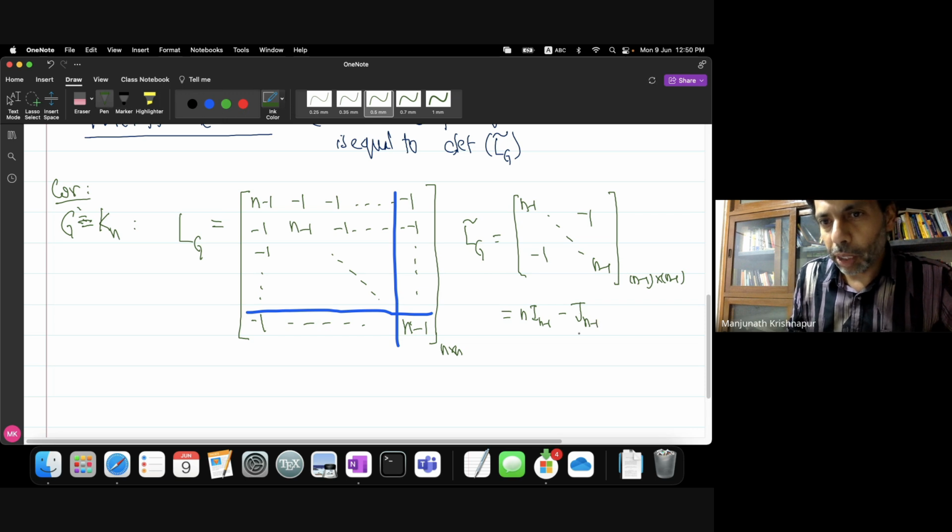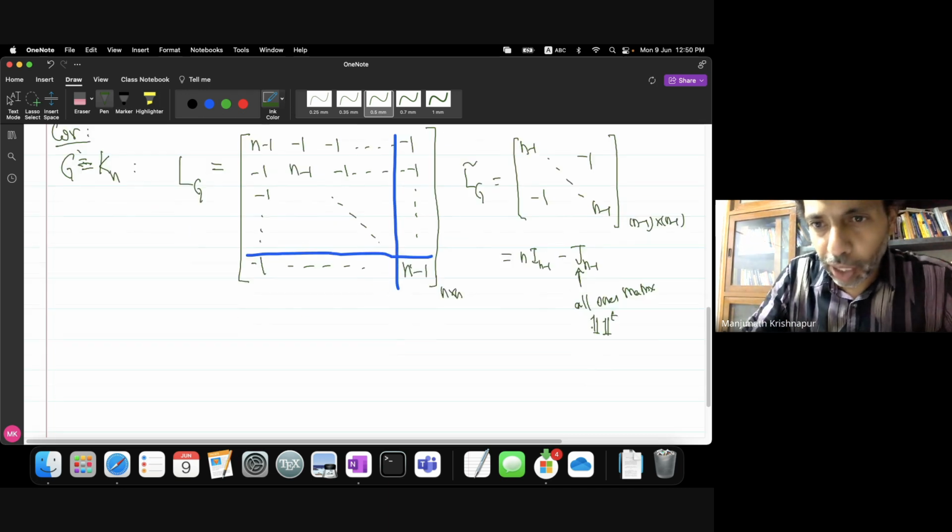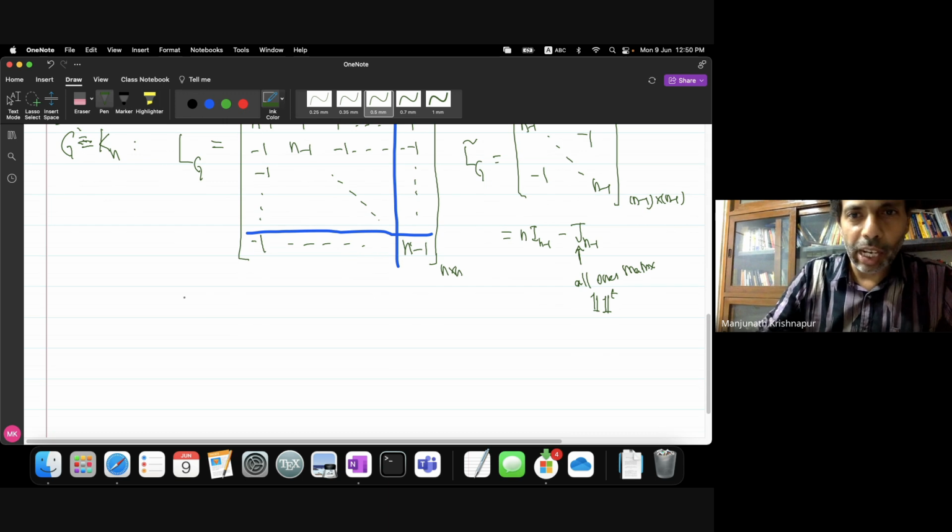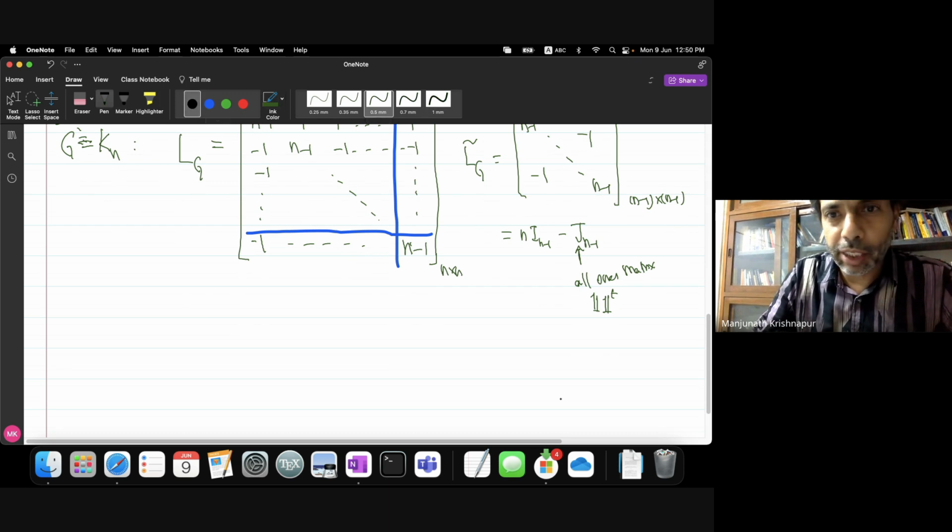This is the all 1 matrix, which is actually a rank 1 matrix. You can write it as 1, 1 transpose. You take the vector of 1s and take 1 into 1 transpose, you will get Jn minus 1. So what is LG tilde? How do I find its determinant?